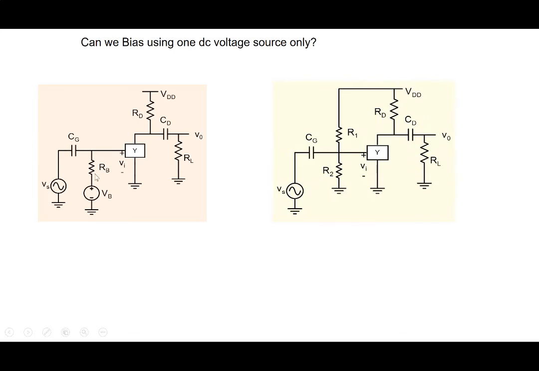Note that the effect of VB and RB is nothing but to generate a DC voltage here. Well, we could do that through this particular means here, VDD here, and we could build a voltage divider R1, R2, and that would generate a DC voltage at this particular point. Okay, we are of course assuming that we'll choose VDD larger than VB here.